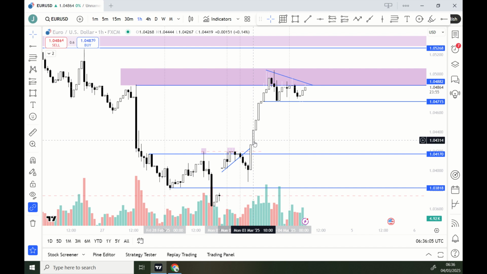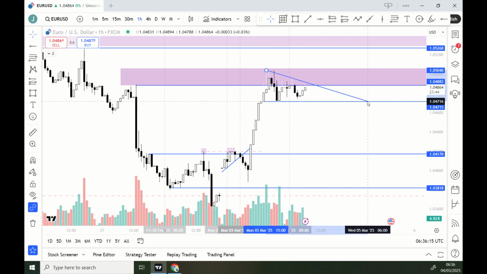It just doesn't really look like it. Volume was quite high here. This area here, nothing really. I do feel like this is what you'd call a bull flag, and then it pushes straight back up again. So I do feel like it will bounce off, come down, and then push straight back up again here.